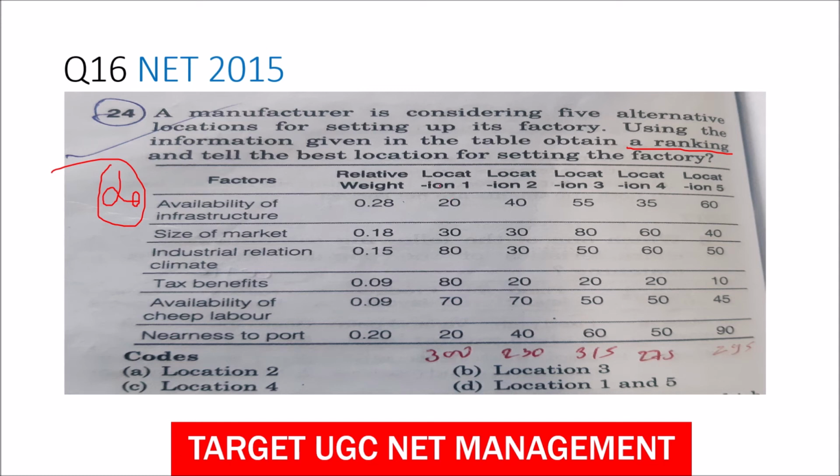What I did in this question, I took the total of all locations: location 1 got 300, location 2 got 230, location 3 got 315, location 4 got 275, and location 5 got 295. So in terms of ranking, 315 is the best. So location 3 is the correct answer.